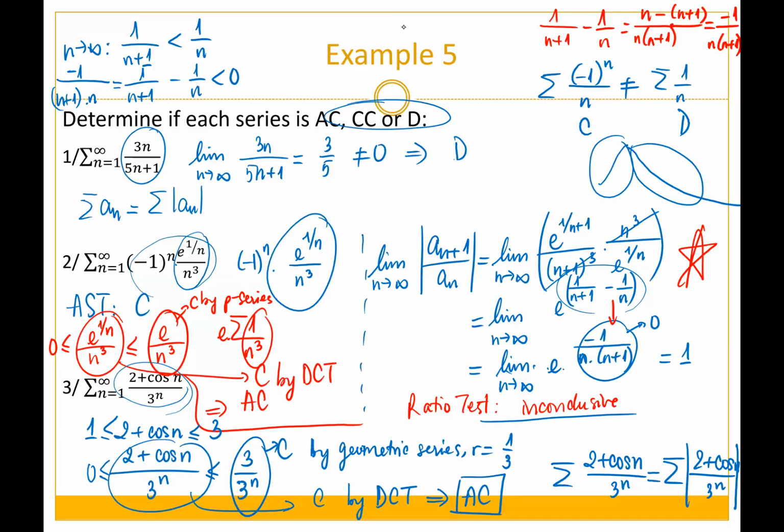Okay, cool. Yeah, using the DCT to find the absolute convergence, basically you're just going to compare the absolute value of the original. So say you just consider the absolute value of that series, and then if you compare it with something and you prove that that absolute series is convergent, then you can conclude that it's absolutely convergent.